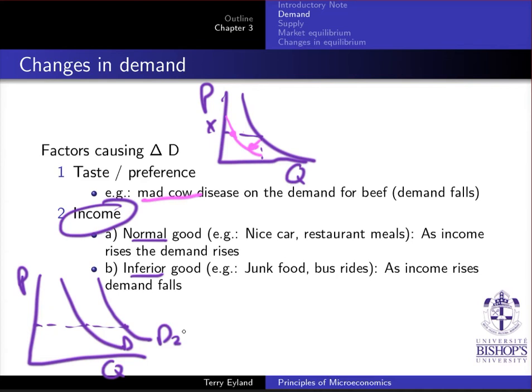If you hate cutting your grass, or you hate cleaning your toilet or things like that, you might start hiring people to do those things as well. But inferior goods is simply thinking about Kraft Dinner, or maybe if you often buy cans of tuna or something else. As you grow and you make more money, you might decide, well, I'm just going to buy only fresh meat now. I won't buy canned meat anymore, and so on and so forth.